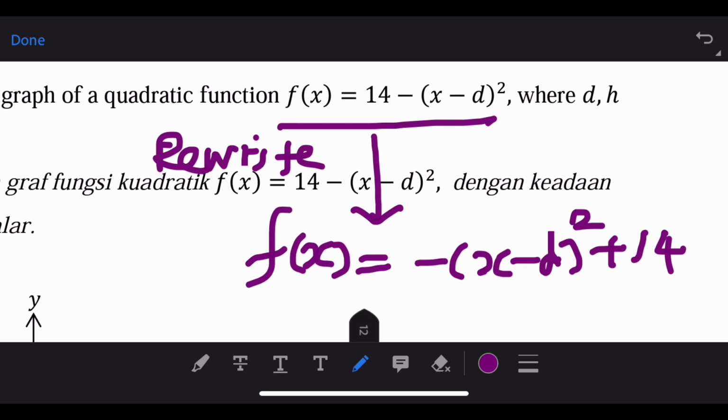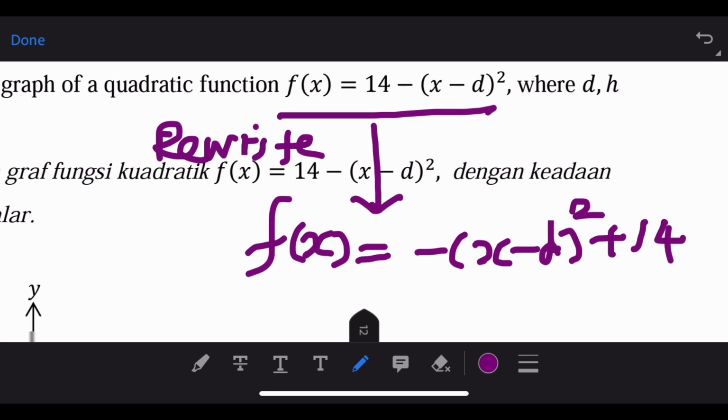That means you have to find the x value that will make the bracket equal to 0. So obviously the x value will be the opposite sign of the one in the bracket, because you make it equal to 0.